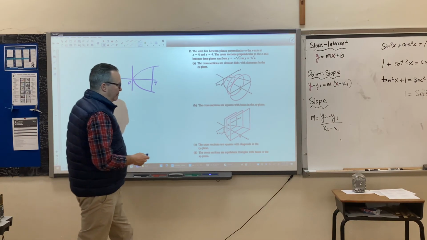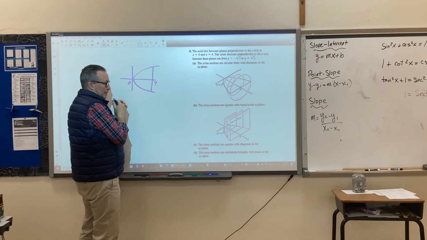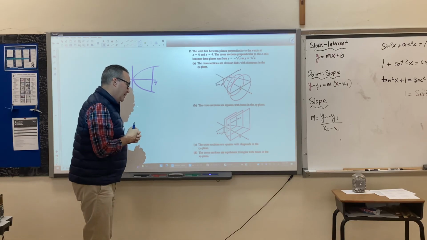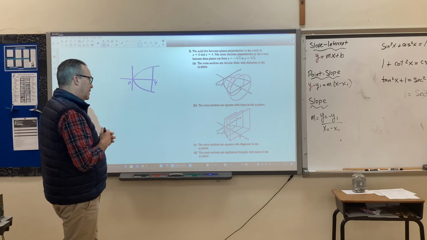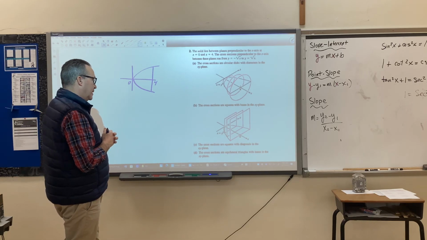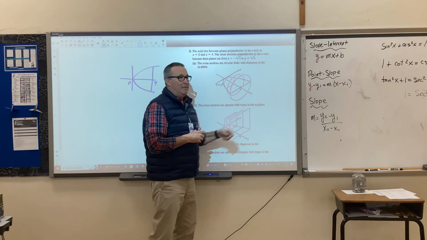And now this is the base, like this is the base of the shape. And it says the cross sections are squares with bases in the xy plane.